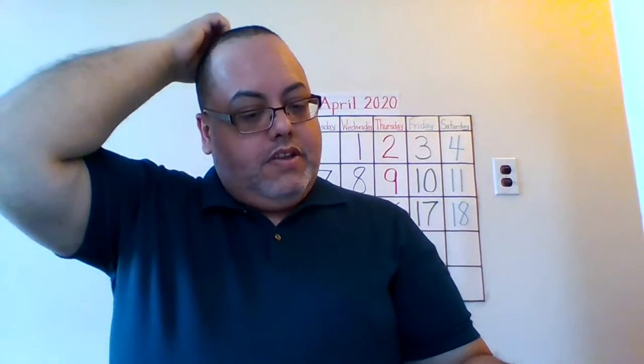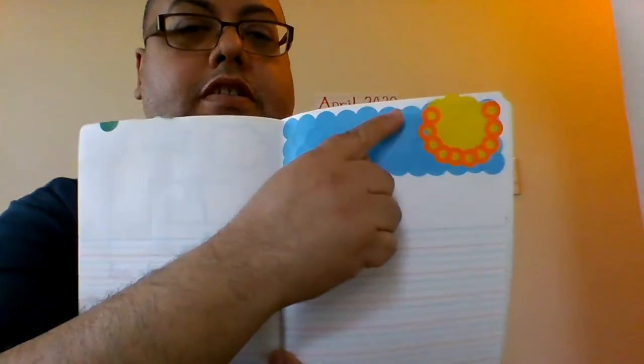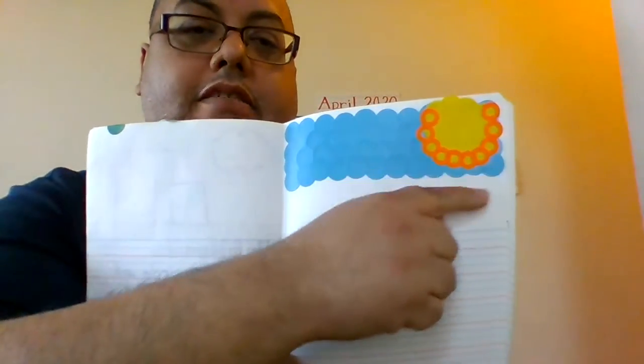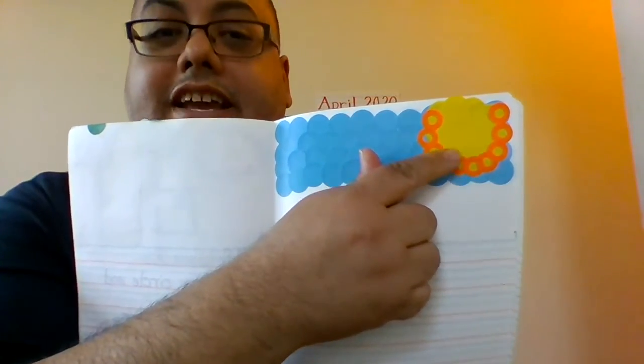Nothing looks better than when you use color in art. So I'm going to show you and see what you think. What do you think? Putting those circles that look like a ray, yeah, it looks like a happy face, right?